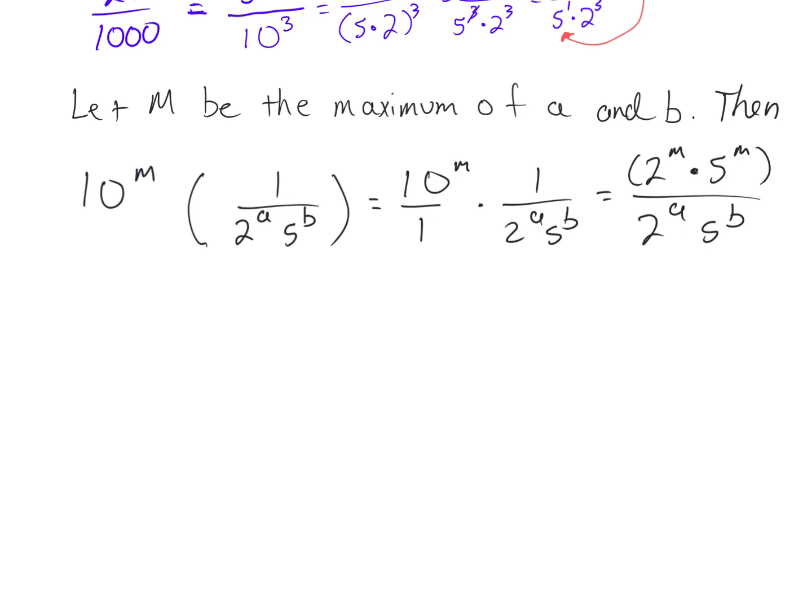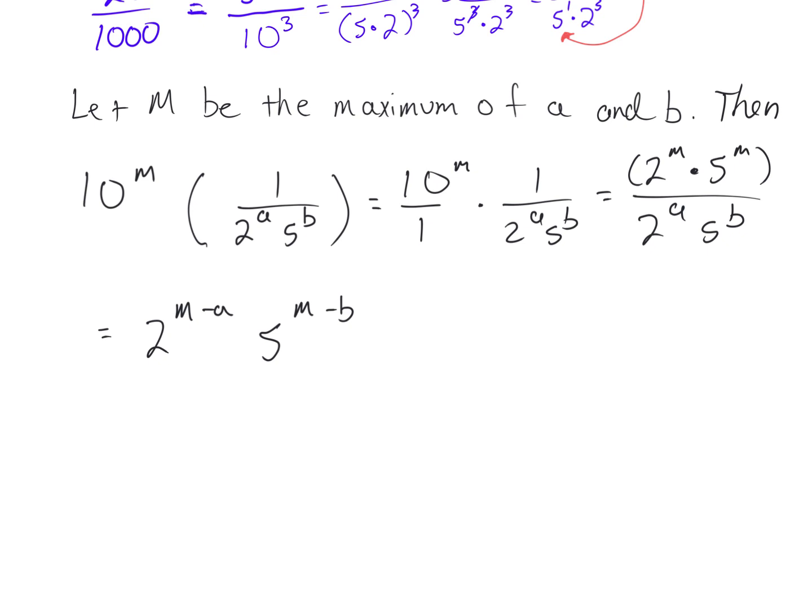And so when we have the same base 2 on the numerator and denominator, we can just subtract its exponent. So then this gives us 2 to the m minus a times 5 to the m minus b.